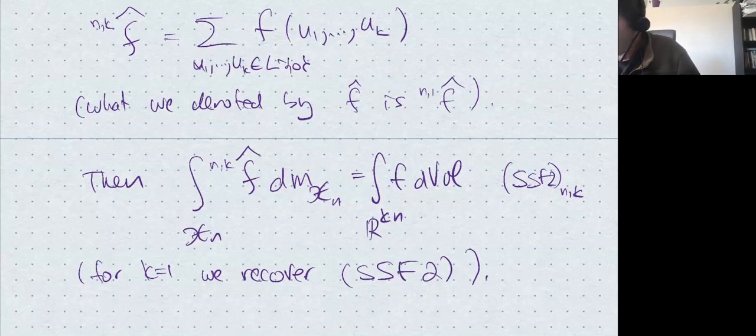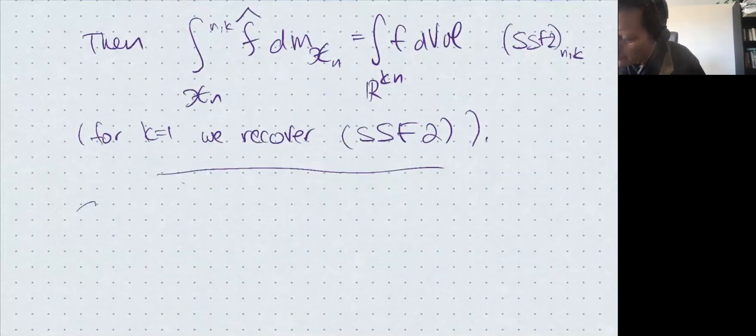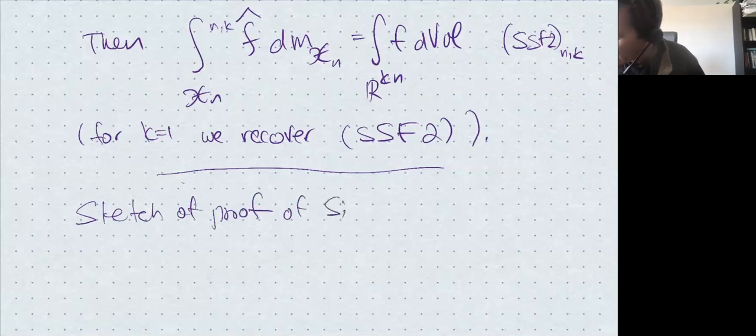The proof that Siegel gives for this formula is essentially identical to the proof that he gave for the original formula. So let's sketch the proof of this theorem of Siegel.